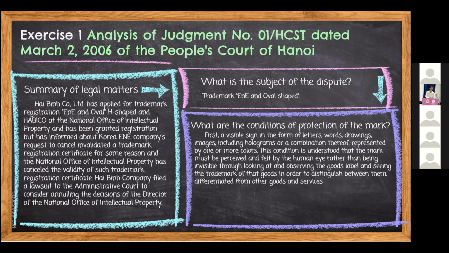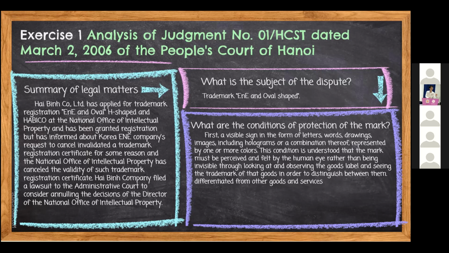Hải Bình Company applied for trademark registration of ENE and OVO Sapit and Habico at the National Office of Intellectual Property and was granted registration, but was informed about Korea ENE company's request to invalidate the trademark registration certificate for some reason, and the National Office of Intellectual Property cancelled the validity of such trademark registration certificate.